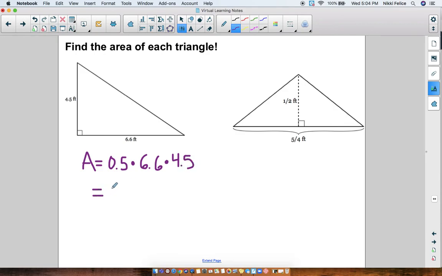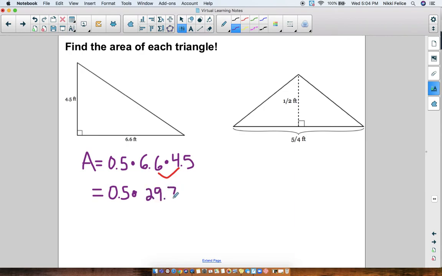So I personally always like to start by multiplying the base and the height first, because sometimes it's an easy number that I can divide by 2. So I'm going to do that. So first I'm going to multiply 6.6 times 4.5, and that answer is 29.7.